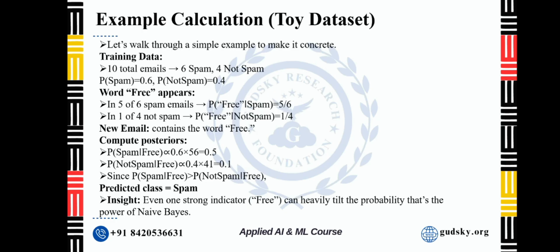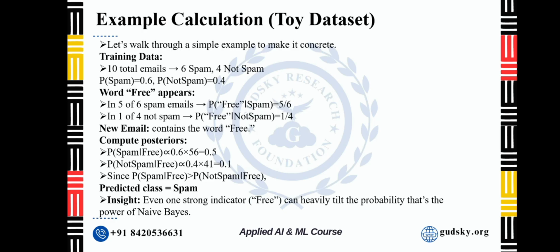A new email comes in and it contains the word free. Let's compute the posterior probabilities here. P of spam given free is proportional to P of spam times P of free given spam. That equals 0.6 times 5 by 6, which is 0.5.